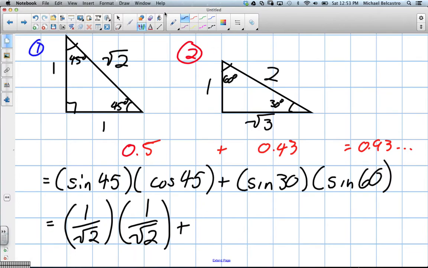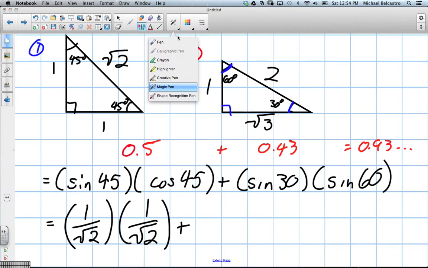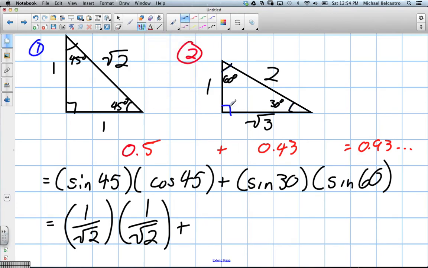Sine 30, well, that's when we have to go into our second triangle. Sometimes the second triangle can be hard to remember how to draw, but think of the angles. We always know our 90 degrees, and the side opposite it is always going to be the longest side. It can be tough to remember whether 1 is opposite the 60 degrees or the 30 degrees.